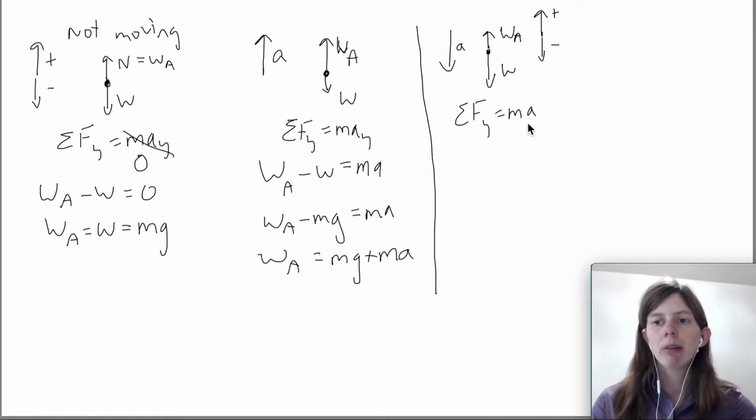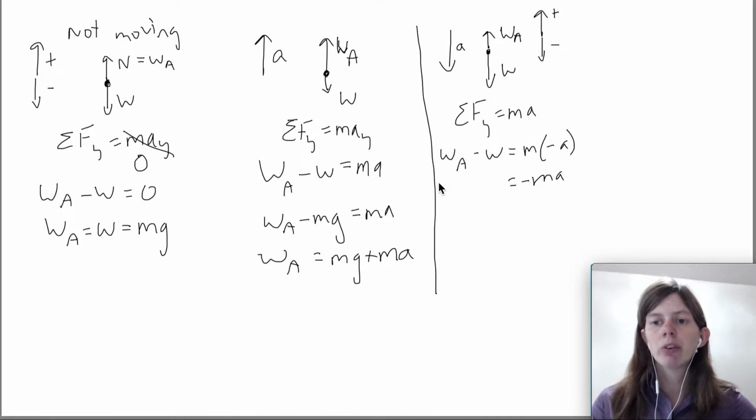If we do this, we have to be very, very careful when we put in our numbers, because we're going to have WA minus W as before, but now a is going down, it's negative. So it's equal to m times negative a, which is negative ma.